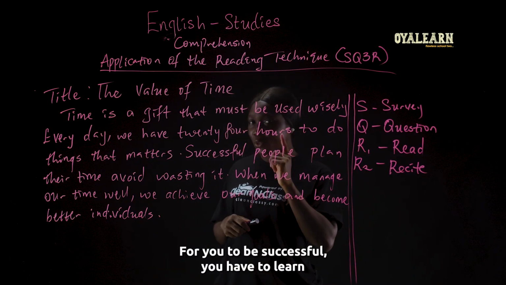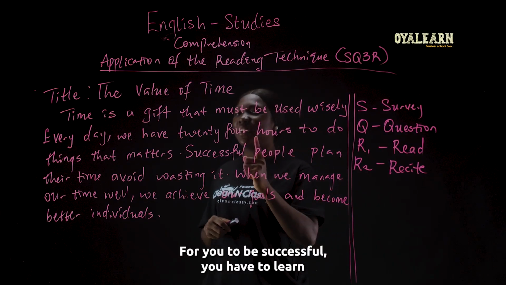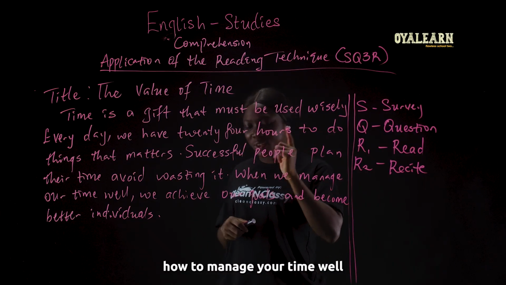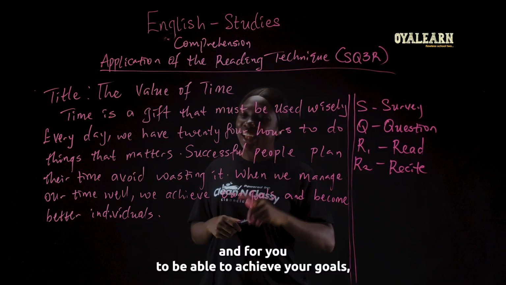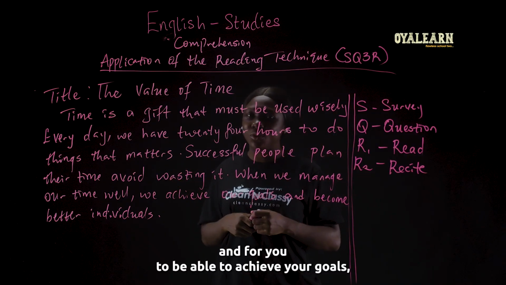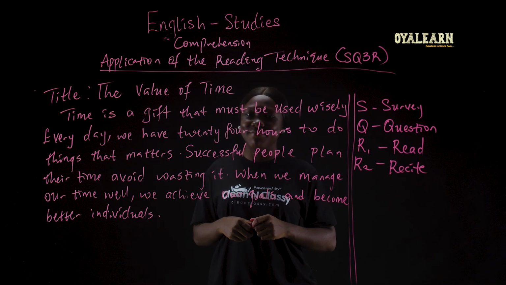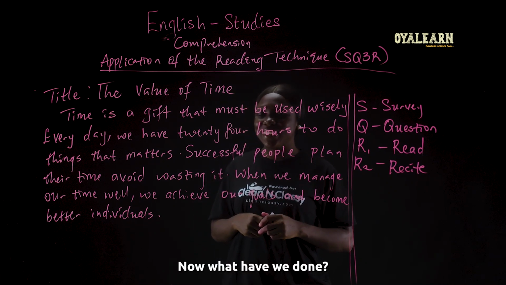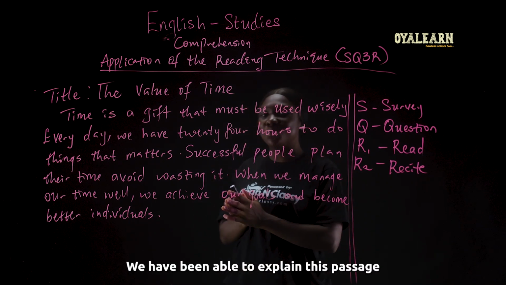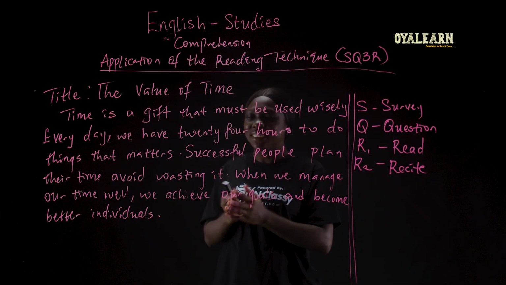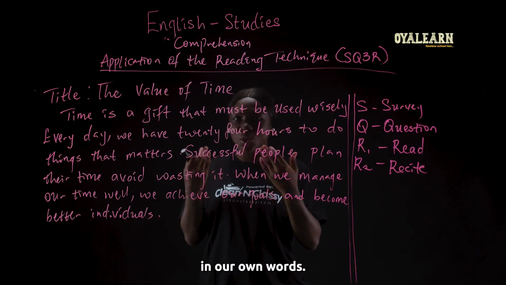For you to be successful, you have to learn how to manage your time well. And for you to be able to achieve your goals, you have to use your time wisely. Now, what have we done? We have been able to explain this passage in our own words.